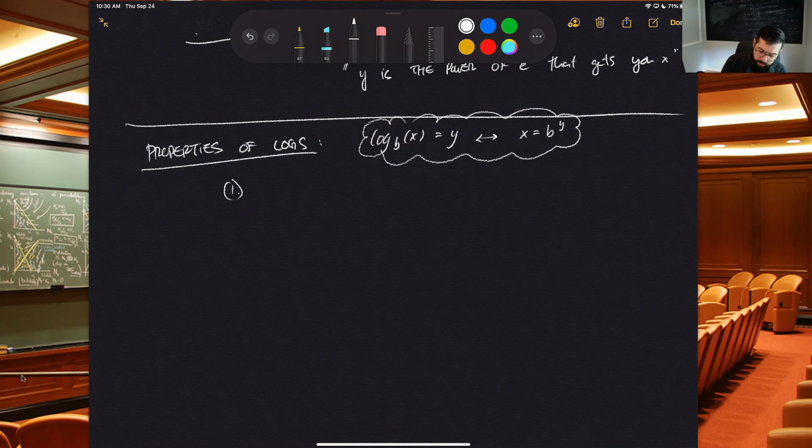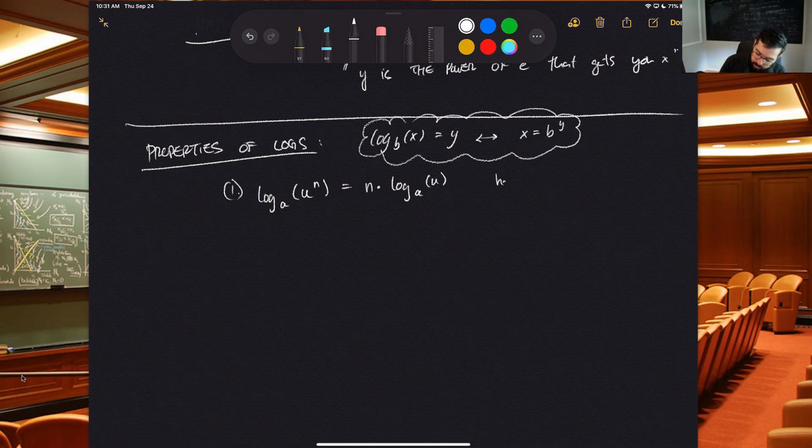So the first one we'll look at is if I have log base a of u to the n. There's a lot of notation here, but stick with me. This is equal to n times the log base a of u. This is not the natural log, but it does hold for that.